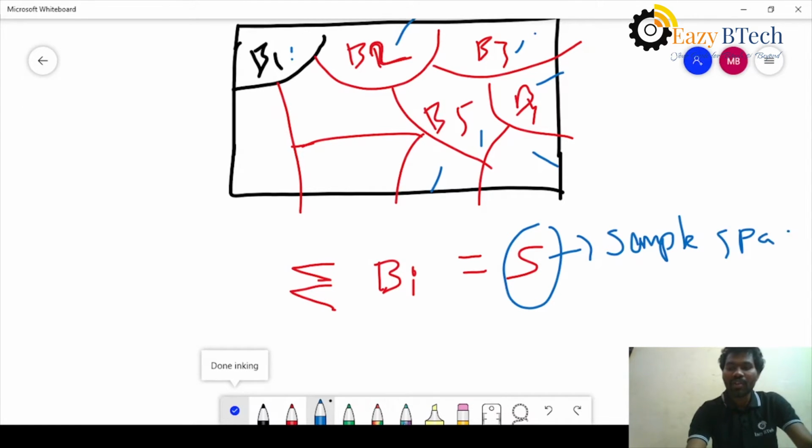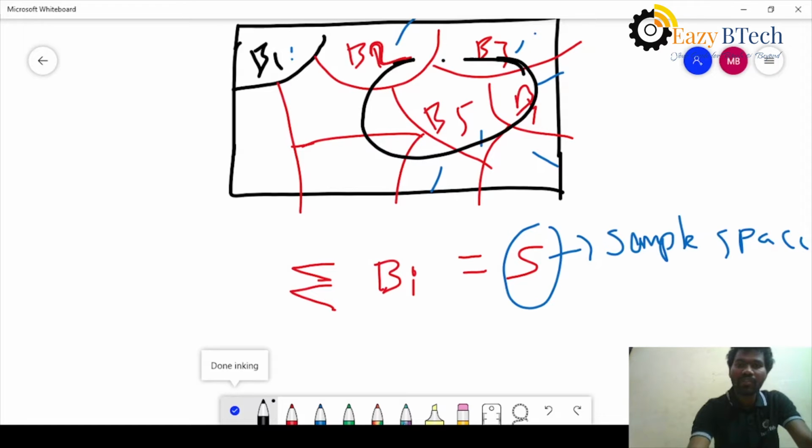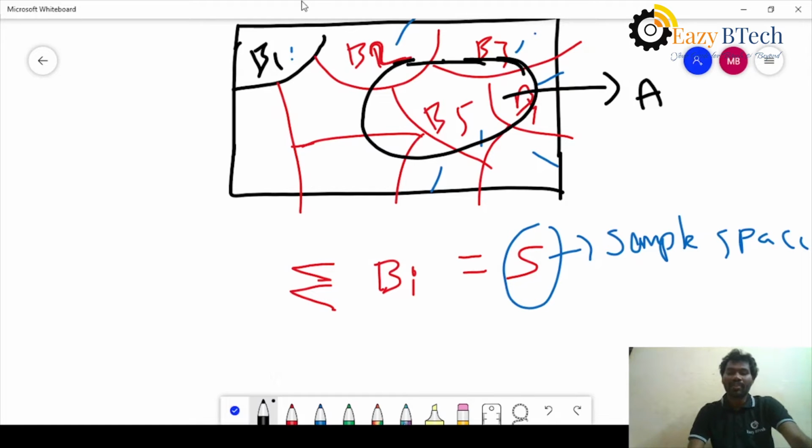This is how you have to remember it. If you add all of them, you get the sample space, and you have to find the probability of an event A. The event A can be represented like this. Suppose your event is like this. This is event A.